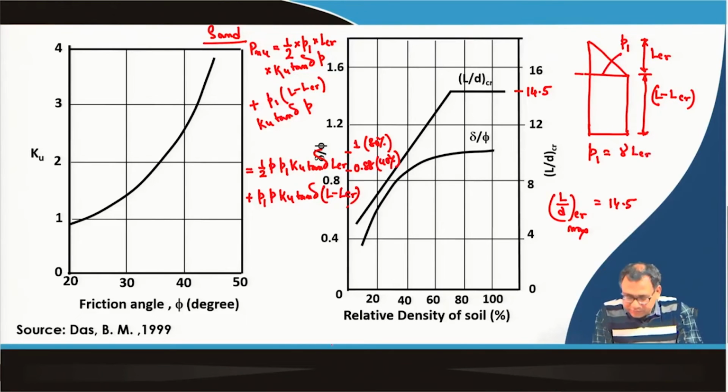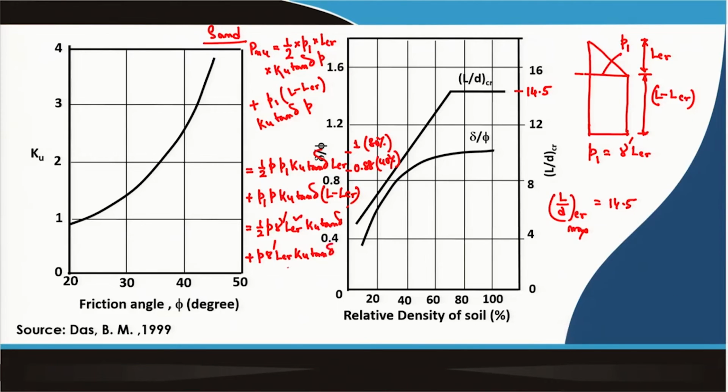So, finally, if I put this value here, this will be half perimeter gamma dash L critical square Ku tan delta plus P gamma dash L critical Ku tan delta into L minus L critical. So, this is the equation of the PNU.